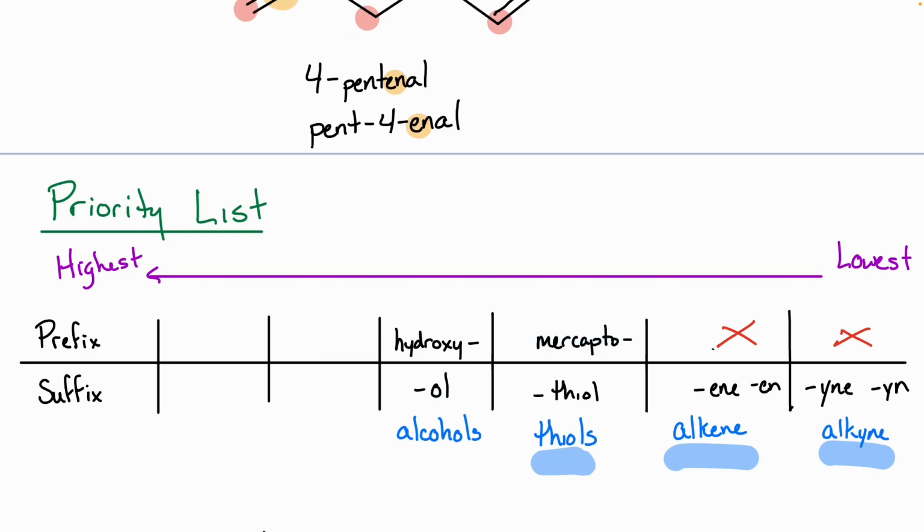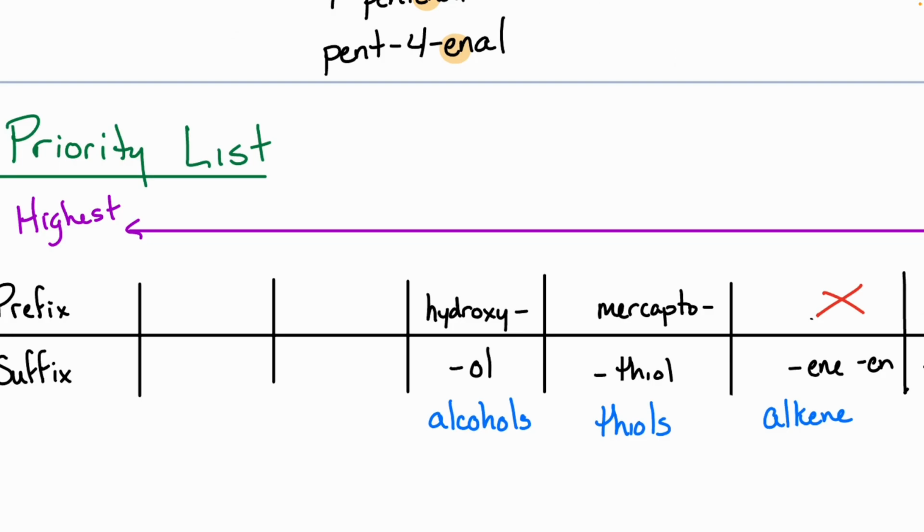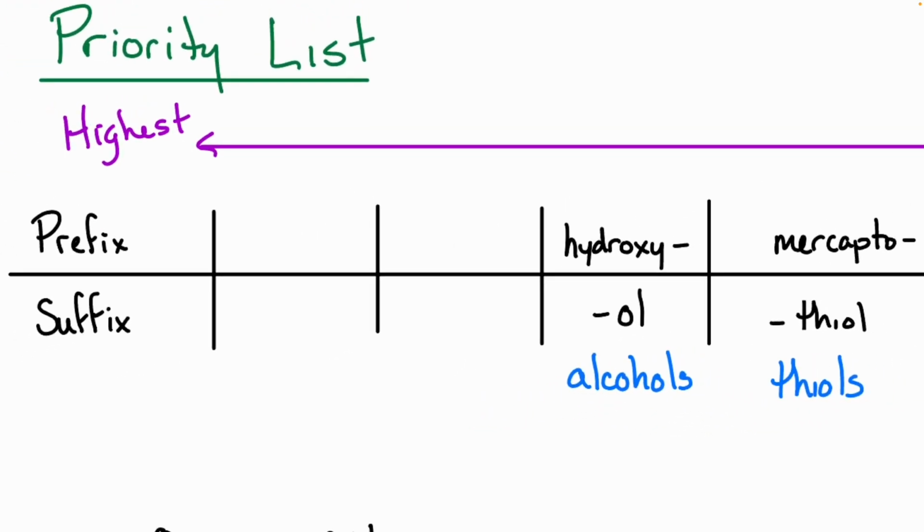All right? So now we're going to update this list with the two new functional groups. They are both higher priority than anything else we've studied. After alcohols comes ketones, and the highest priority at this point are now the aldehydes.